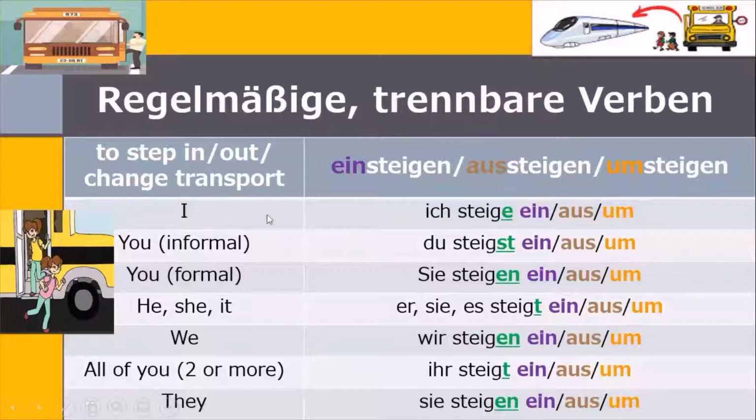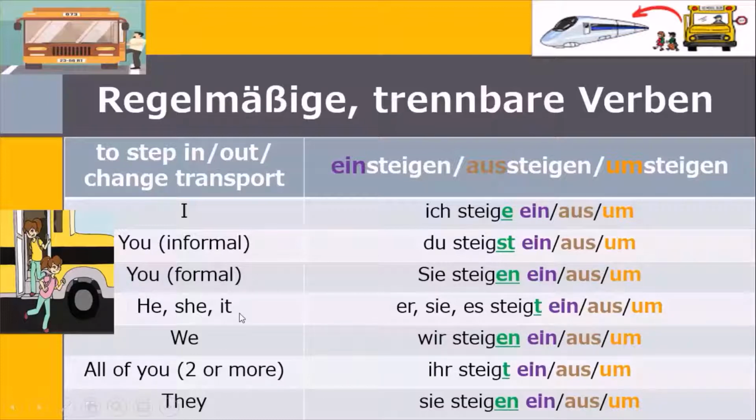For you, informal, so casually talking to someone, du steigst ein, du steigst aus, du steigst um. For you, formal, Sie steigen ein, Sie steigen aus, Sie steigen um. And this is how it goes for the rest of the personal pronouns.